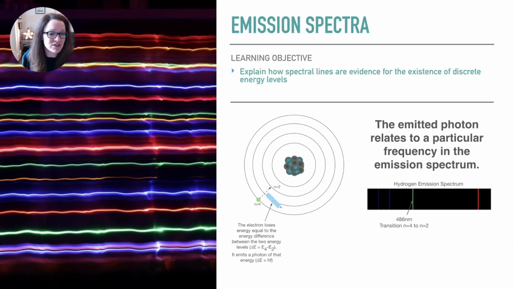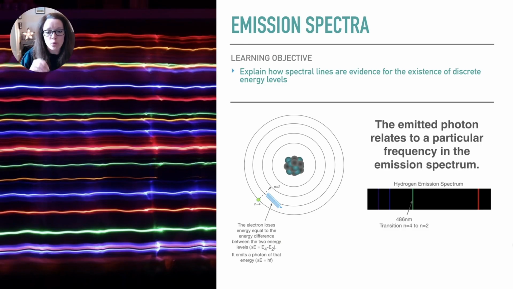So how does this relate to spectra? If we have a look at an emission spectra, an emission spectra means you're giving out light, which means that the electrons are giving out energy. So if we take the example down here, we have an atom.